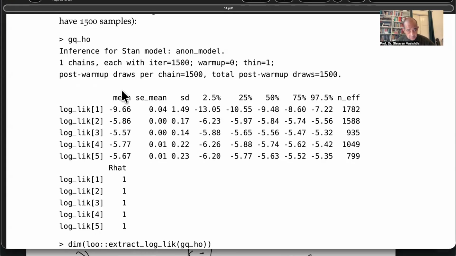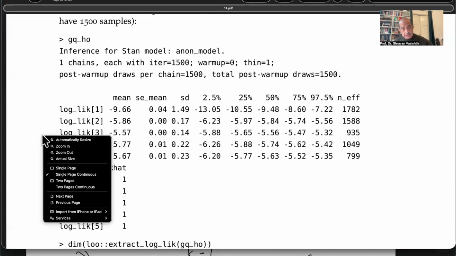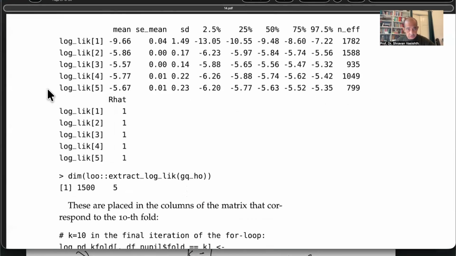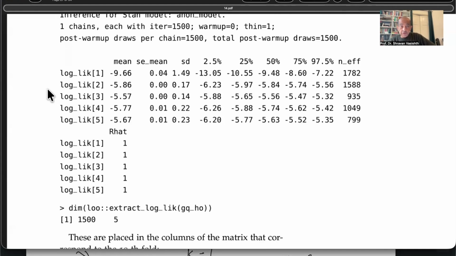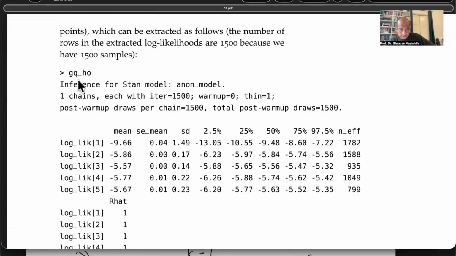But we are only going to be working with this here. Okay, we are ignoring the rest of the data. It is just a statistical summary that Stan puts out, to tell you what information lies inside this GQHO object.